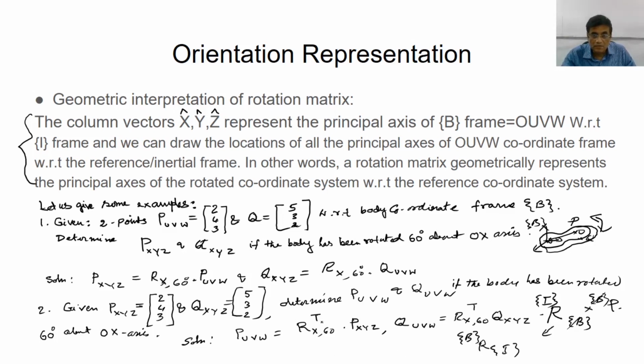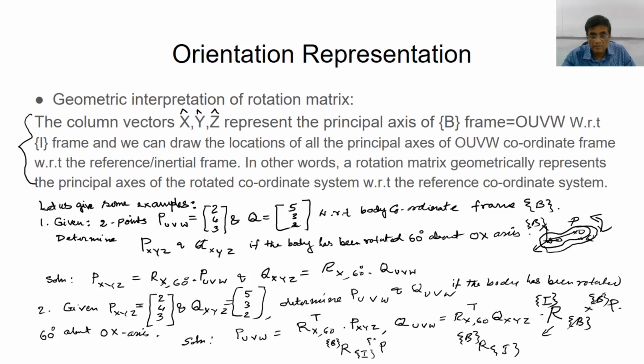So I multiply with the transpose of the rotation matrix, and then I get the description with respect to the body frame.